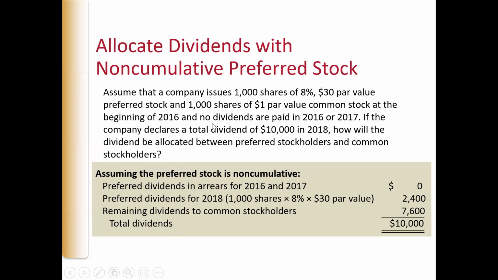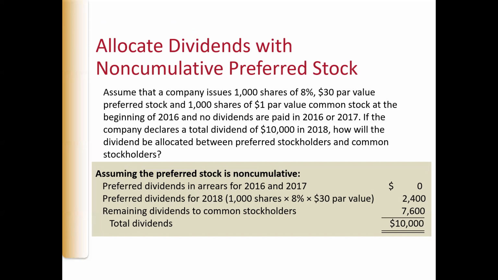Now, when the preferred stock is considered non-cumulative, they don't get those dividends in arrears. So in 2016 and 2017, they didn't issue dividends. And then in 2018, they decide to issue dividends. The preferred shareholders don't get those dividends in arrears. It's non-cumulative.